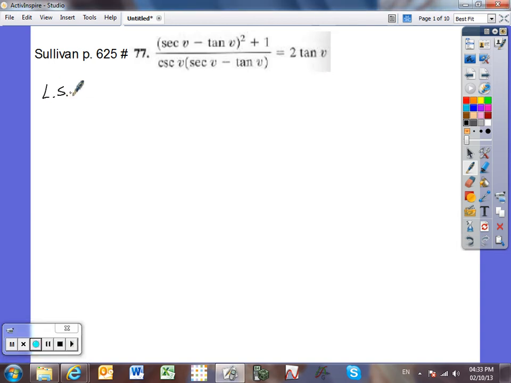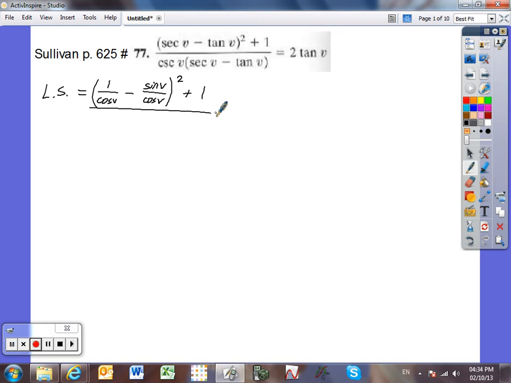So my left-hand side then is going to become a 1 over cosine v minus a sine v over cosine v. I'll notice that there's a common denominator there of cosine that could be useful momentarily.